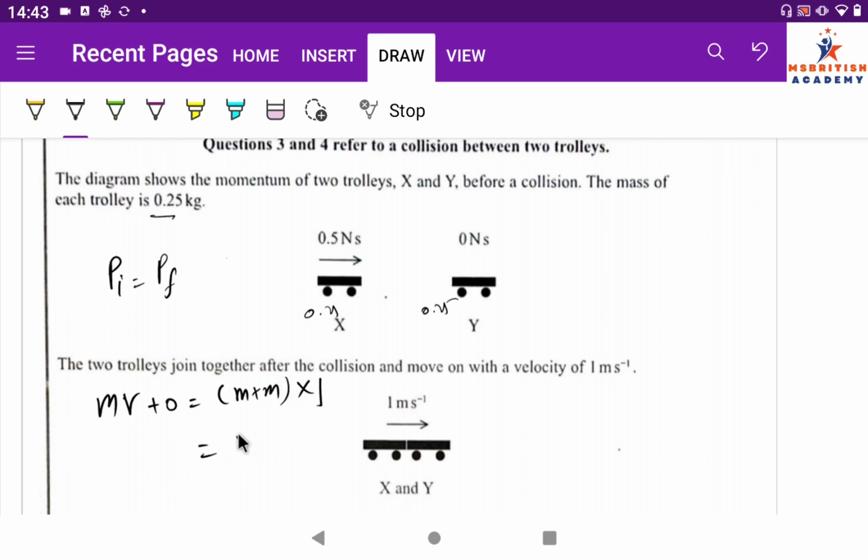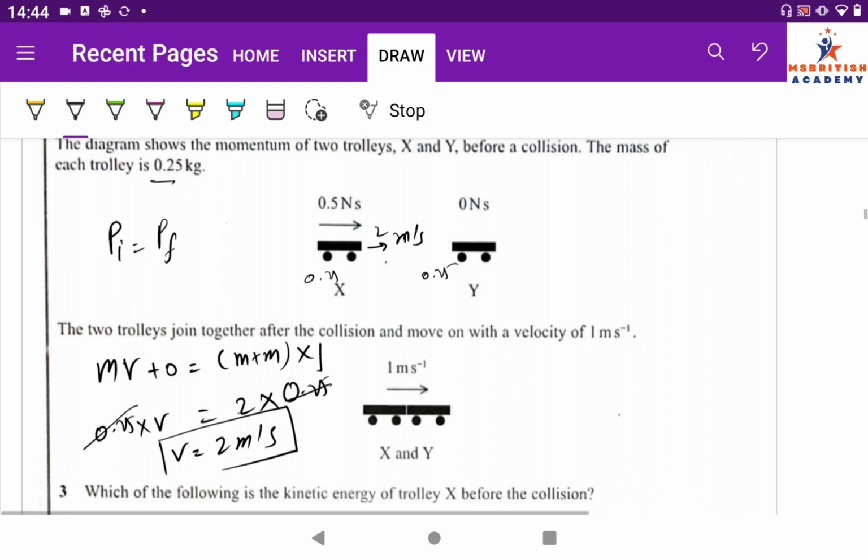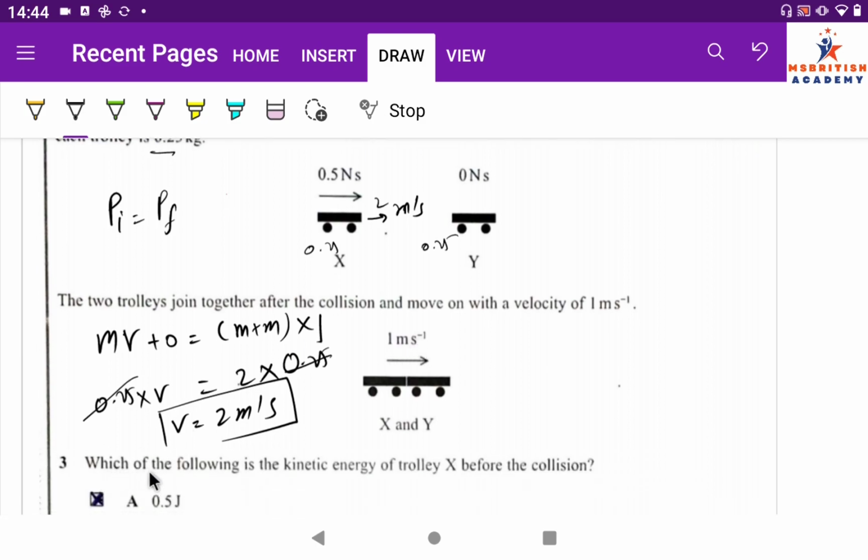So here 2m, and m is equal to 0.25, and this m is equal to 0.25 multiplied by v. So v will be 2 meter per second. So initially X moves with 2 meter per second, and after the collision it moves with half, that is 1 meter per second.